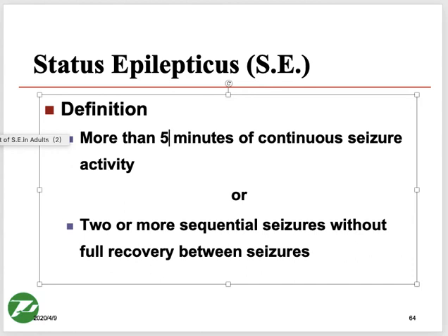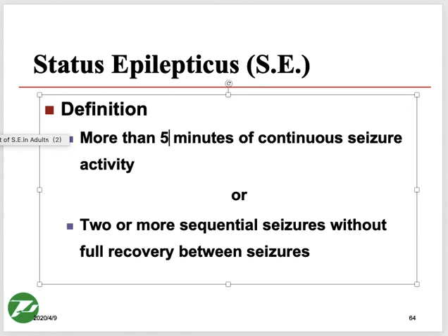Whenever someone has a seizure for so long, they may have complications like cerebral ischemia, arrhythmias, cardiac arrest, renal failure, asphyxia, anything can occur. We go by ABC: airway, breathing, circulation. We do all the investigations, attach all the monitors, and take all the labs.